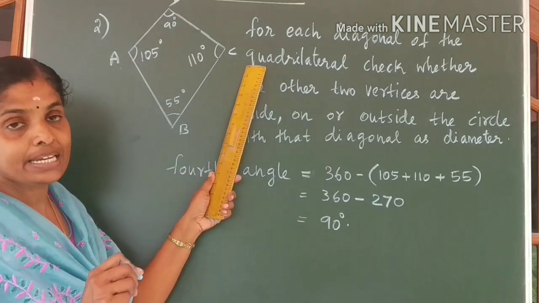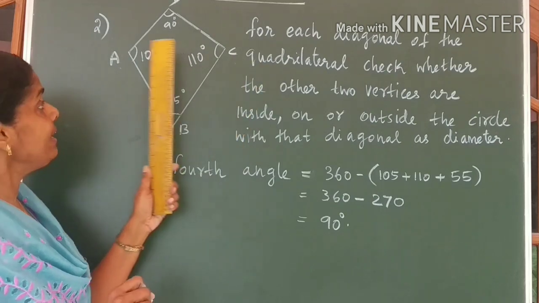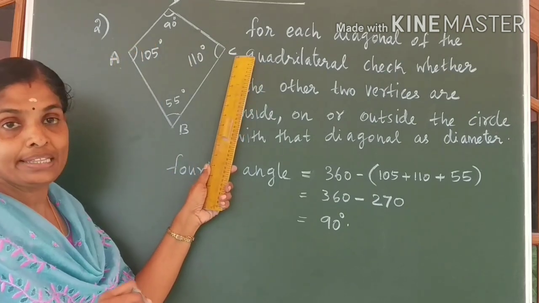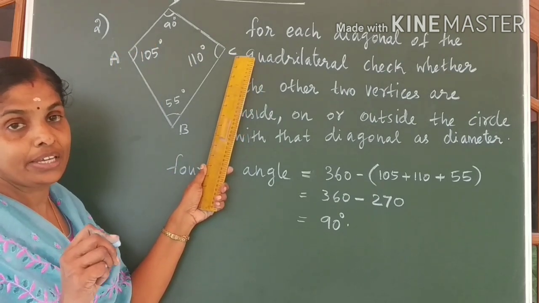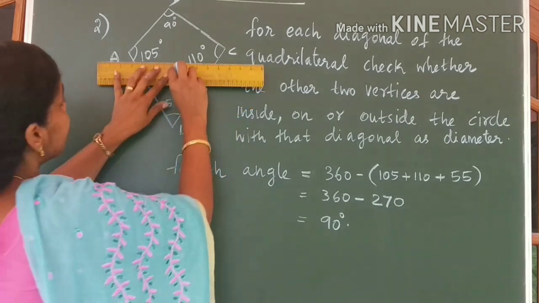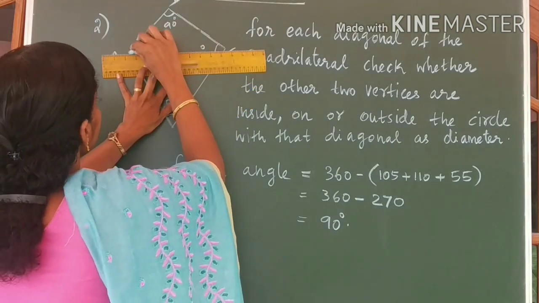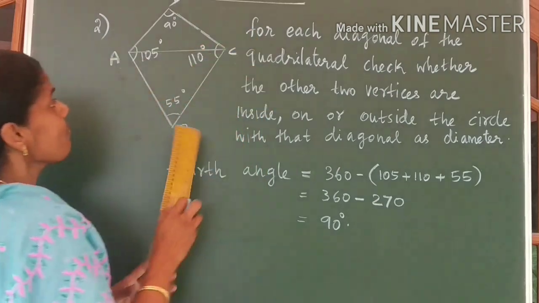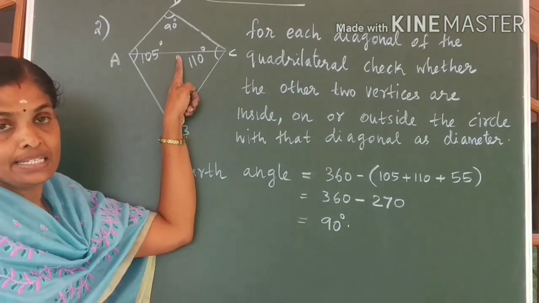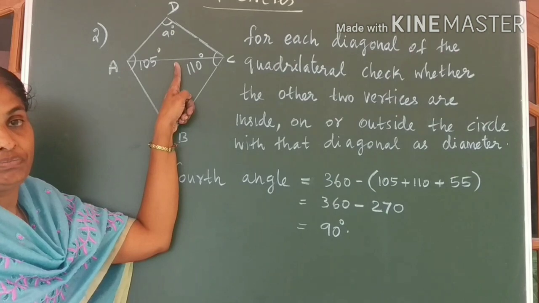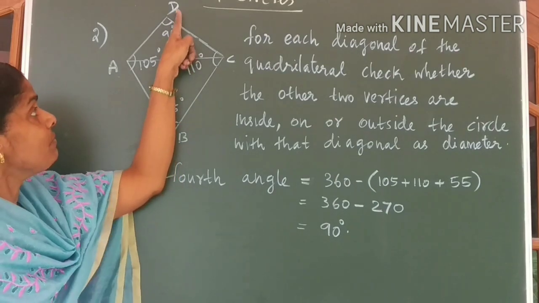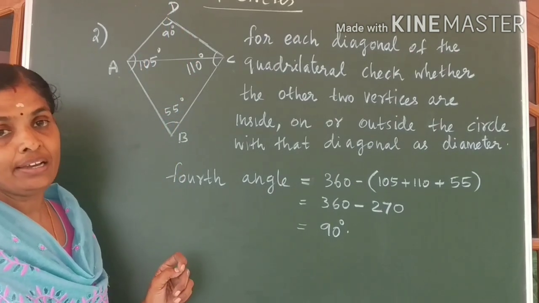Okay, first of all, let us consider AC to be the diagonal. If you consider AC to be the diagonal, we are going to take this as the diameter also. Now where will be the position of D?